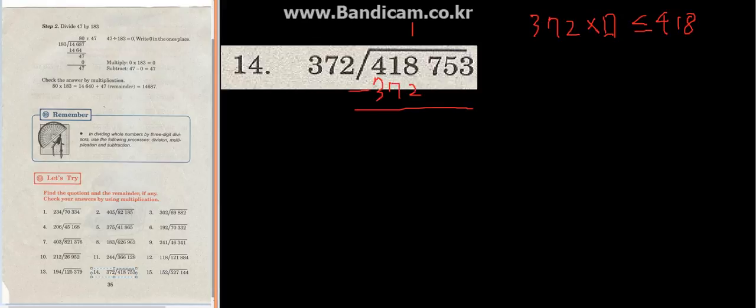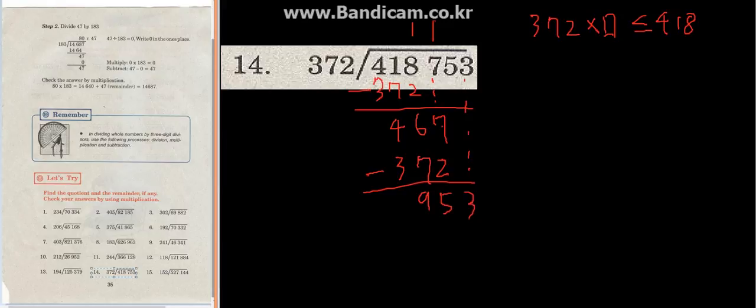If we subtract, this is going to be 46. And we put down 7. And this again is quite close to 1 again, because if you multiply by 2, it's going to be over 700 anyway. So if we subtract these two numbers, it's going to be 59, and this is it. And we write down 3.